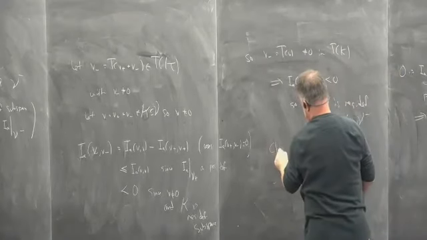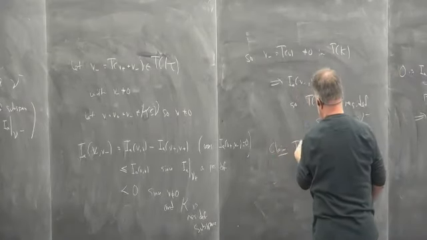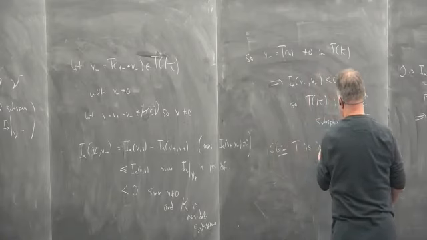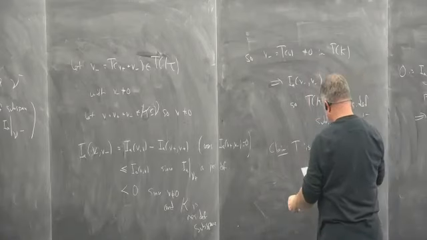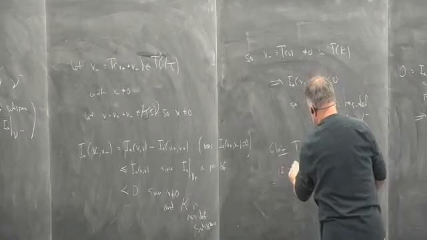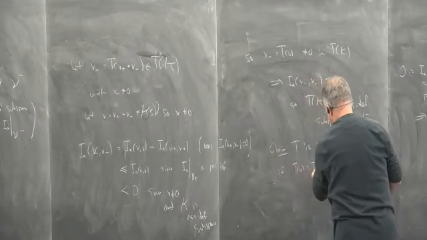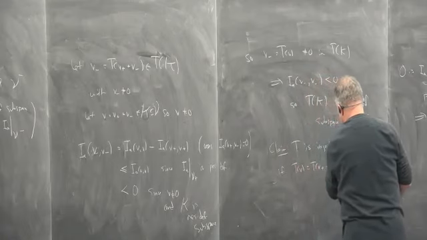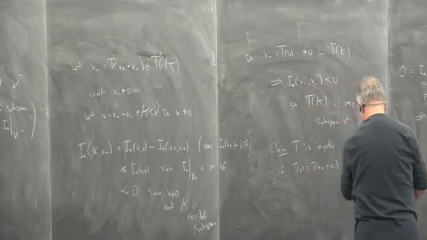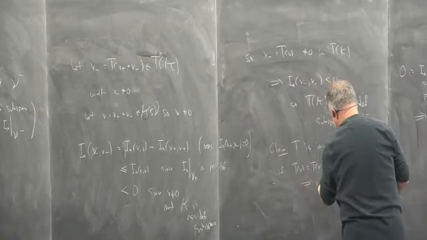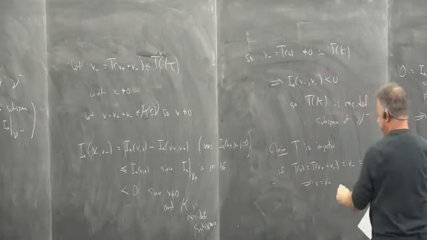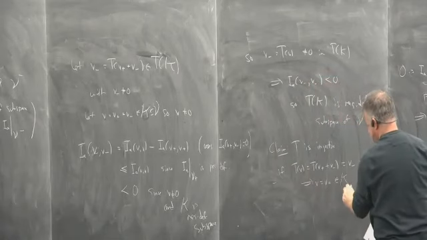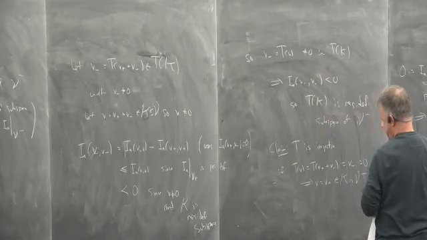And the next claim is that T is injective. Well, if T of V equals 0, that means that V equals V plus, which is in K, and V plus, right?